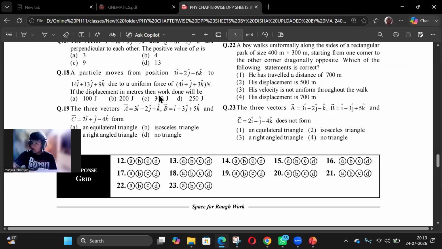R final is 14, 3, 9. R initial is 3, 2, minus 6. So from that I can get the displacement as 11, 11, 15. Check the answer.